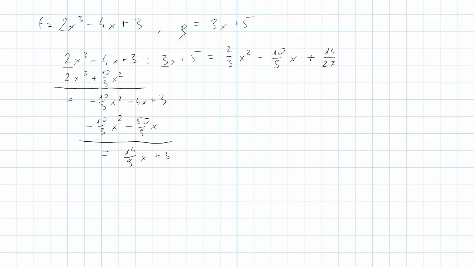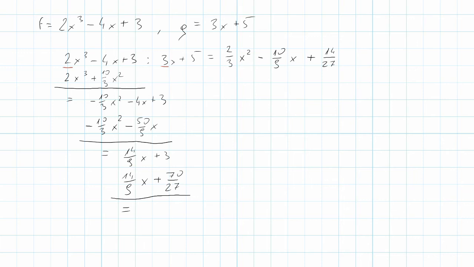So 14 over 27 times 3x is 14 over 9x, and now we have 70 over 27, and if we subtract them, 3 times 27 is 81.